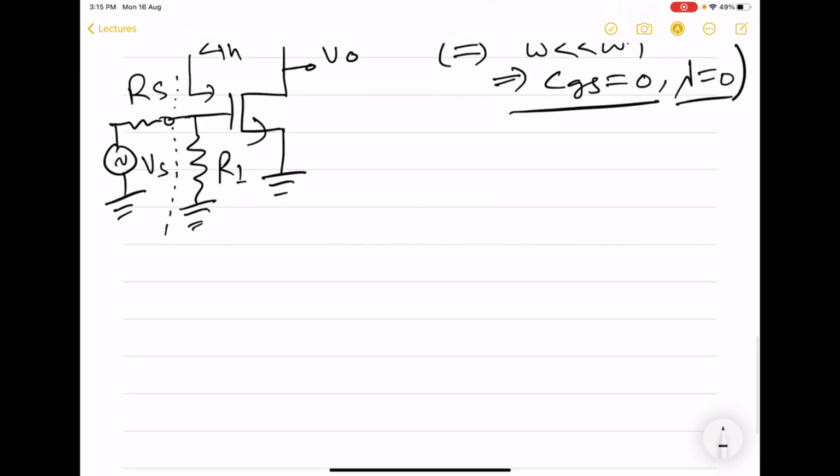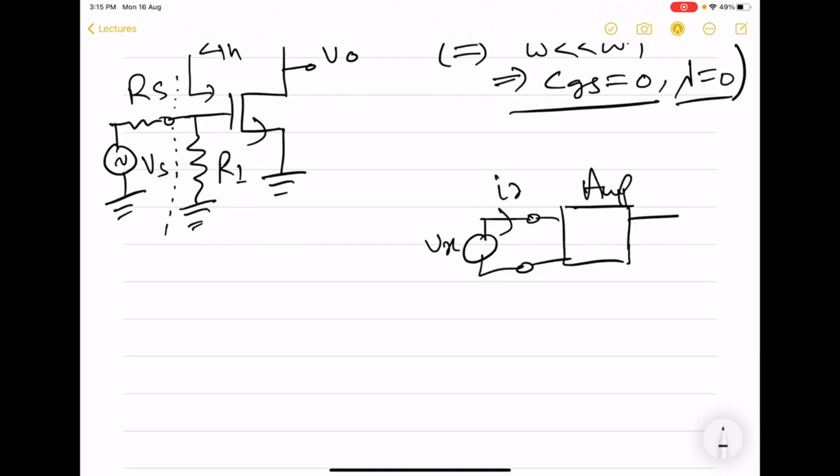So for finding out Z in, what we have to do is we have to take this amplifier, excite it by unknown source, find out Ix, and Z in is going to be Vx by Ix.